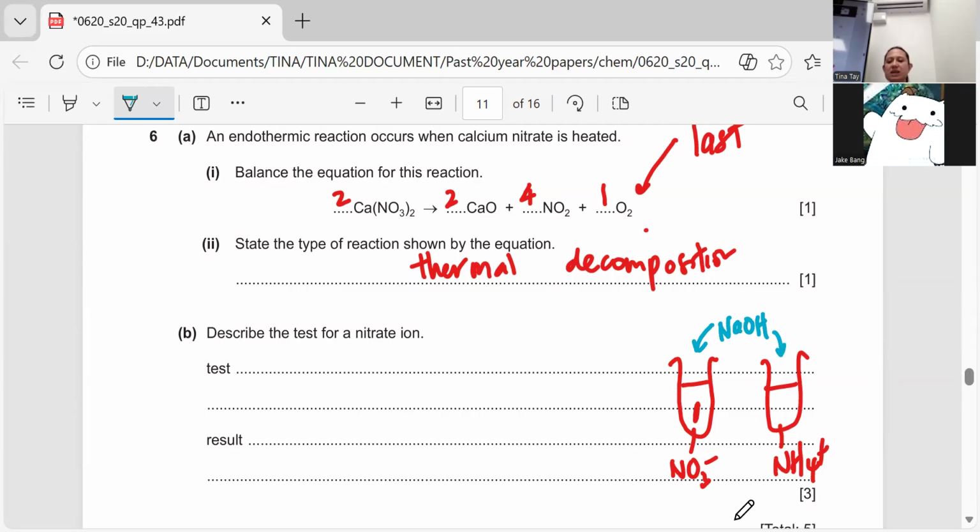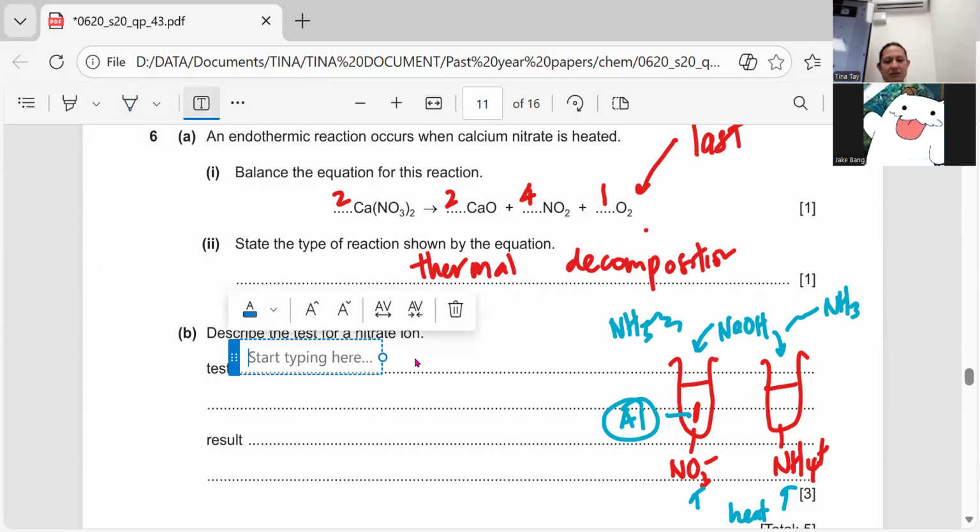Both, you heat. Both, ammonia gas comes out. Therefore, the ammonia gas is tested with litmus paper. The difference is for nitrate, you put a piece of aluminium foil. Ammonium ion has no aluminium foil.